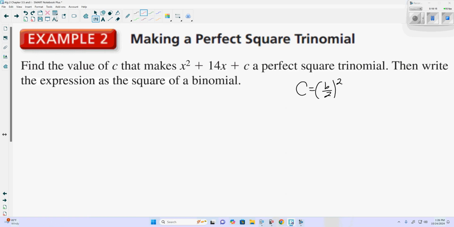And incidentally, we do have a theorem for this here. This value of c that we need is equal to b over 2 squared. c is equal to b over 2 squared.